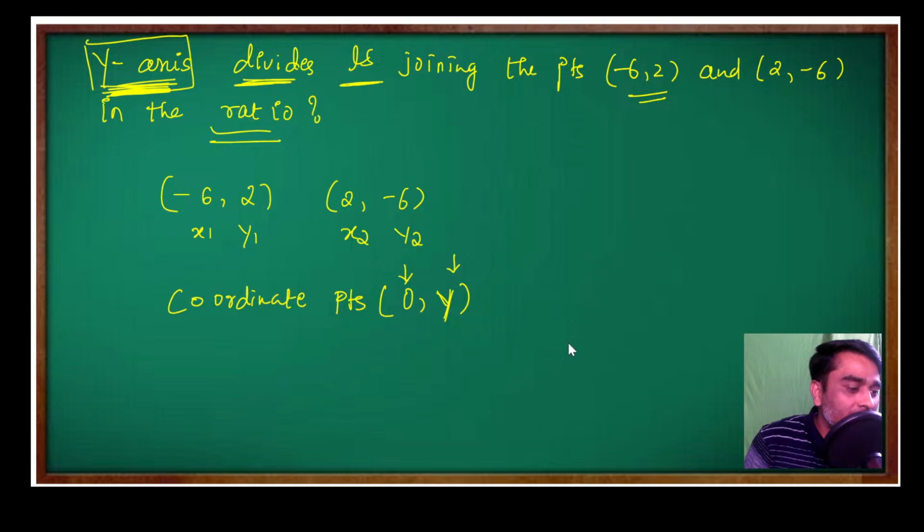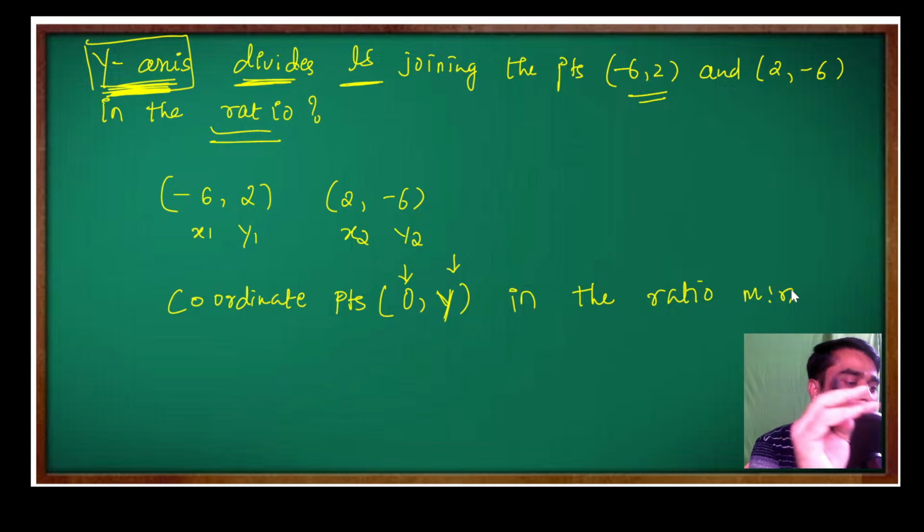Let's take the ratio as m is to n. So we know the section formula, right? (mx2 + nx1) divided by (m + n), or some people use it in a different way, but anyway you can use this. Coordinate points you have to equate to the formula.